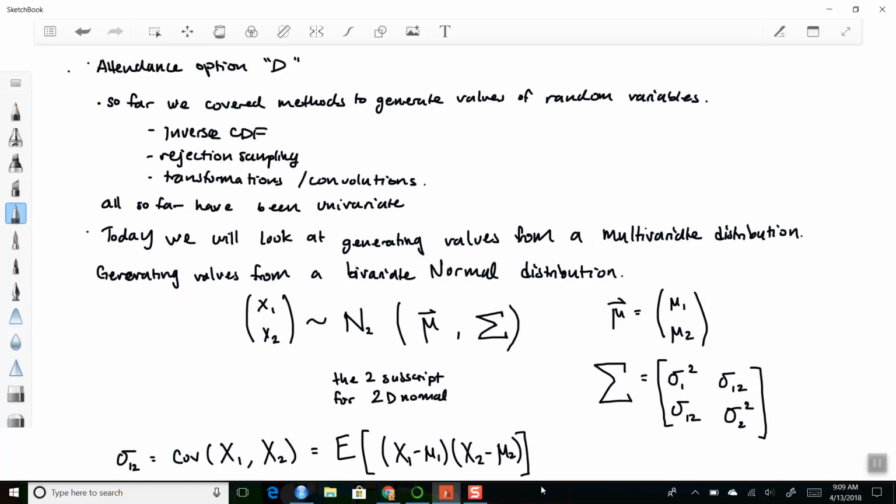It's just the definition of the covariance. So you've got the variance of x1 and the variance of x2, and then in the off diagonals you have the covariance.